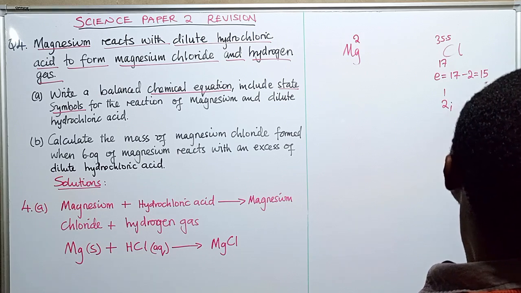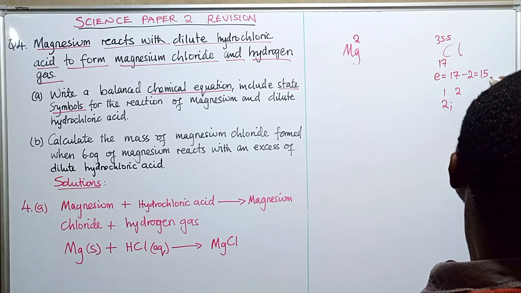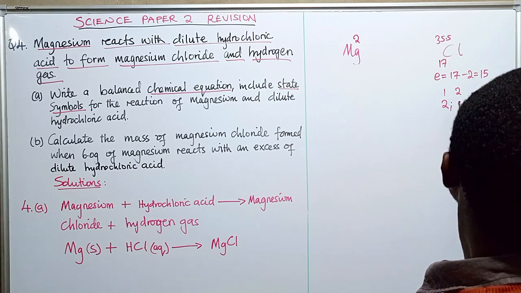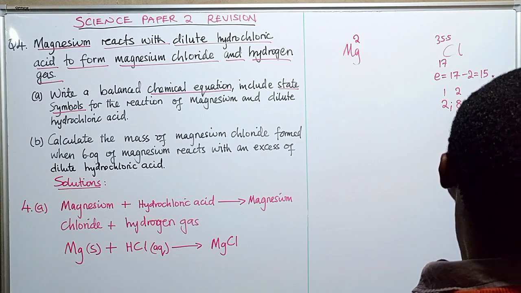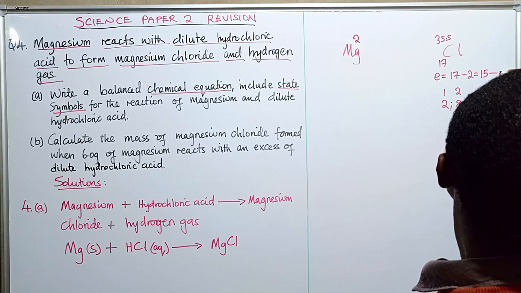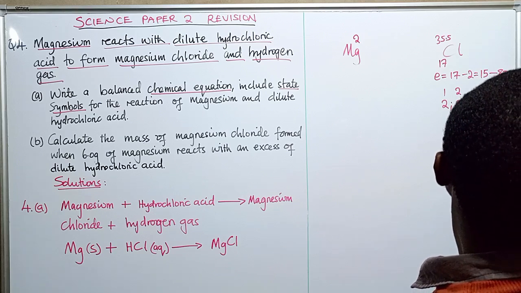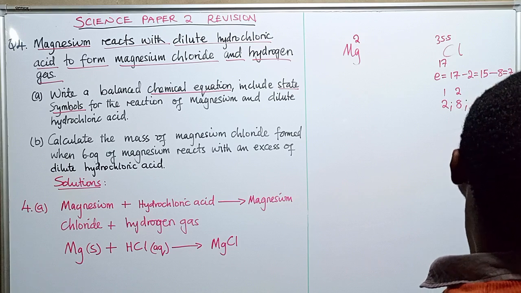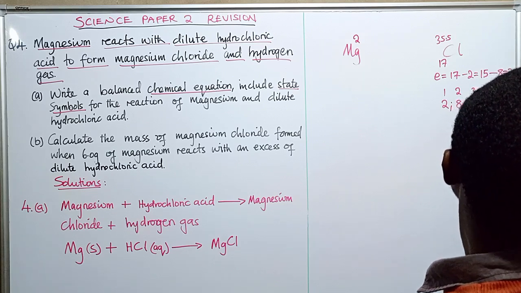Out of 15, some should go in the second shell. So from 15 you remove 8, 8 should go in the second shell. Then after you remove 8, you remain with 7. Then the 7 will go in the third shell here. They are the ones remaining.